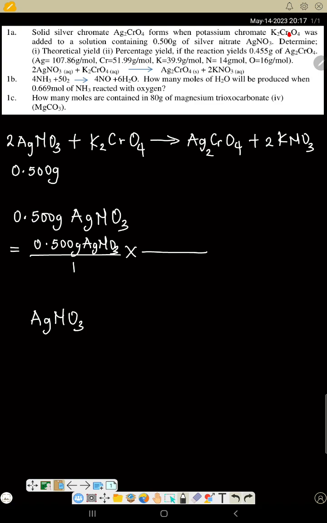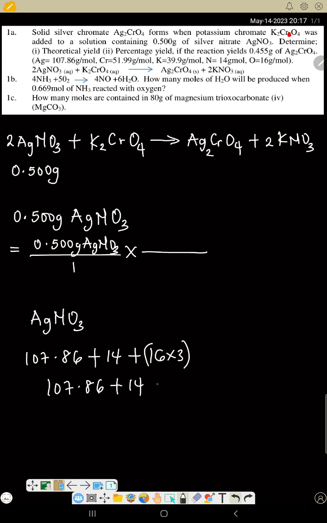So now silver is given as 107.86 plus nitrogen is given as 14 plus oxygen is given as 16. So that will be 16 times 3 because we have 3 oxygen there. So 107.86 plus 14 plus 16 times 3 is 48.